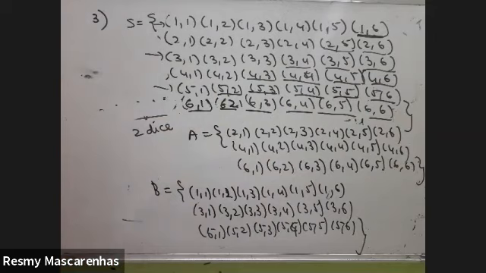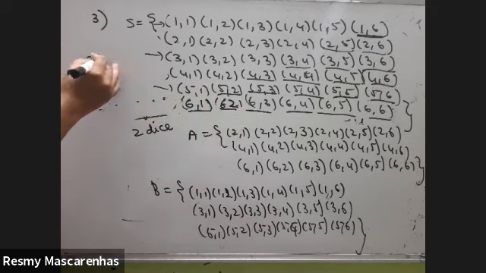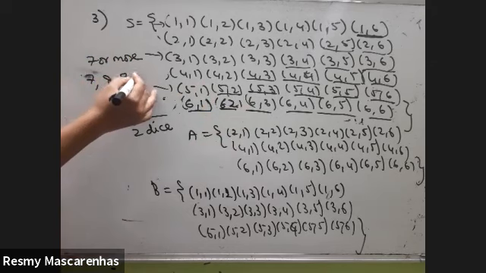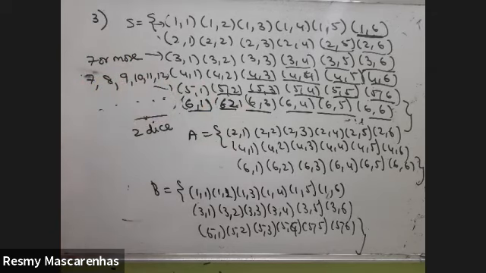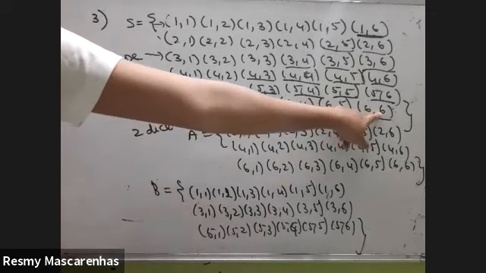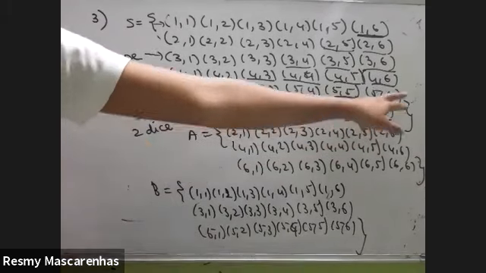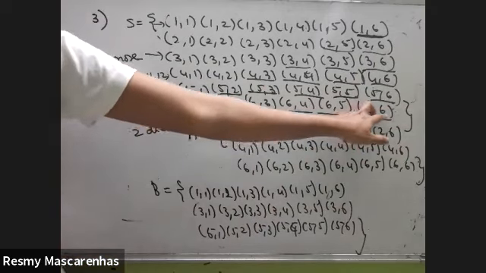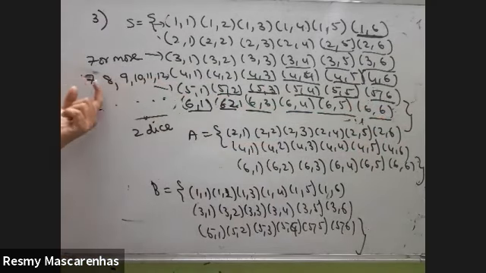And now in these pairs, again, we have to check that the sum should be a multiple of 3. You don't underline that. This is only for understanding. So 7 or more, what could be the sum? 7, 8, 9, 10, 11 and 12. 12 is the maximum possible sum over here. There is no number which will give you 13, because the maximum number on the die is 6. If you add, it will be 12. So this could be the sum.